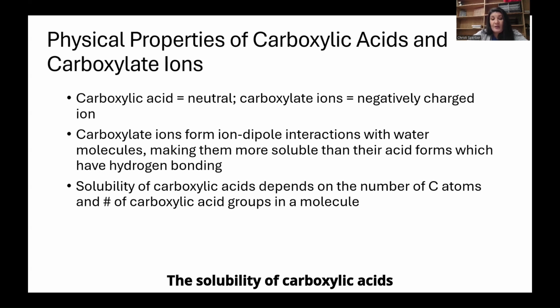The solubility of carboxylic acids depends on the number of carbon atoms and the number of carboxylic acid groups in the molecule. So as the number of carbon atoms increases, the solubility of carboxylic acids decreases. But as the number of carboxylic acid groups increases, then solubility increases.